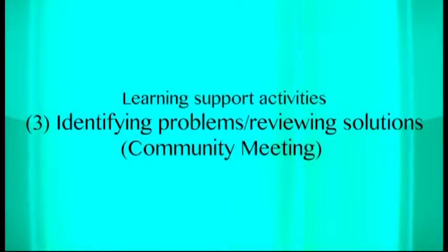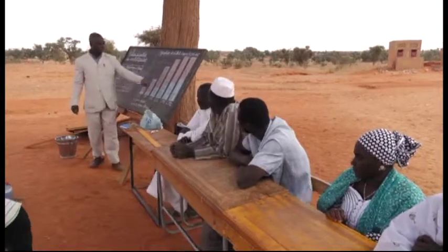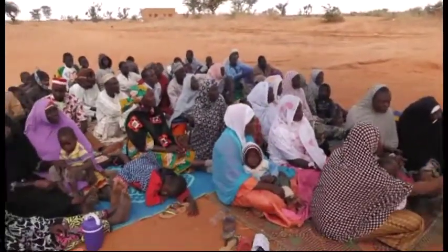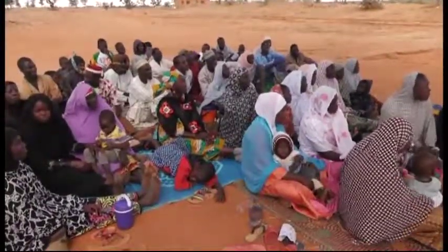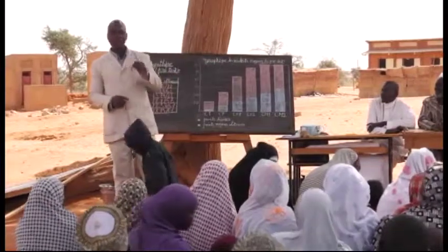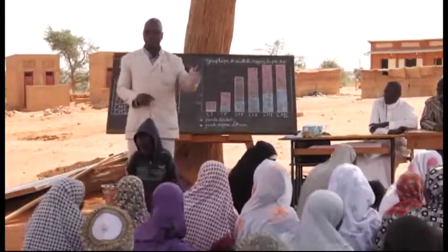3. Identifying problems, reviewing solutions, community meeting. Next, a community meeting is held to specify problems and discuss strategies to solve them. First, the results of the Scholastic Achievement Test are announced.